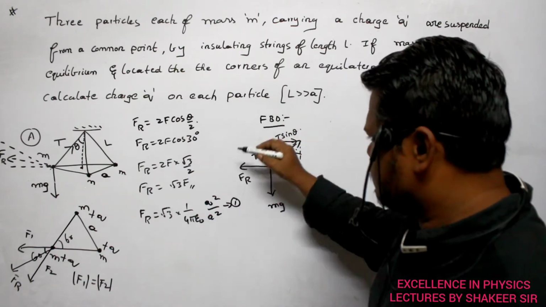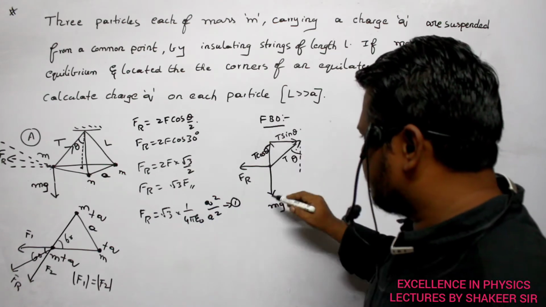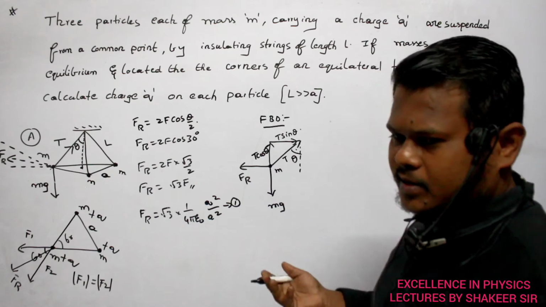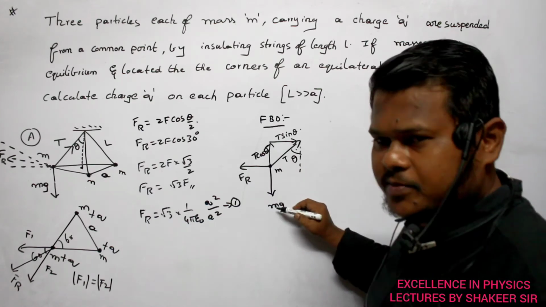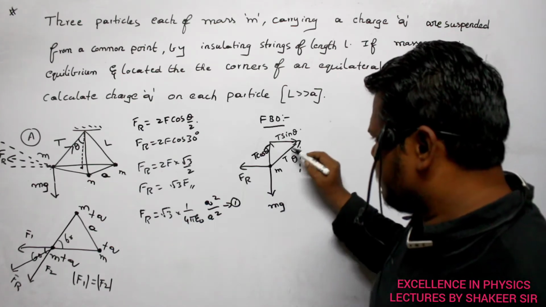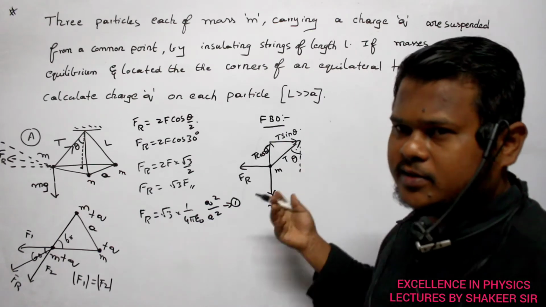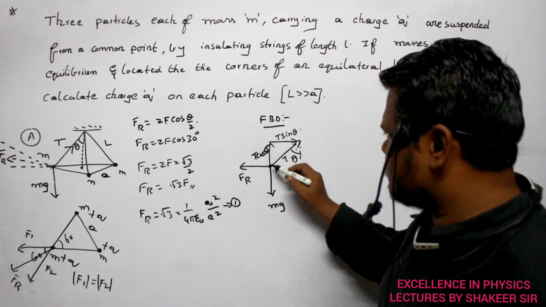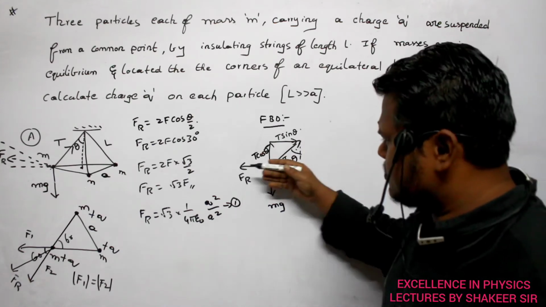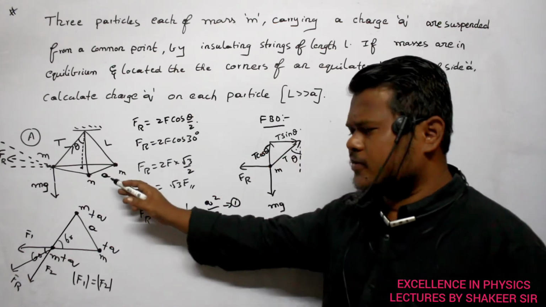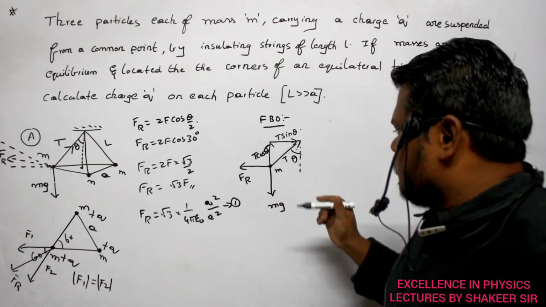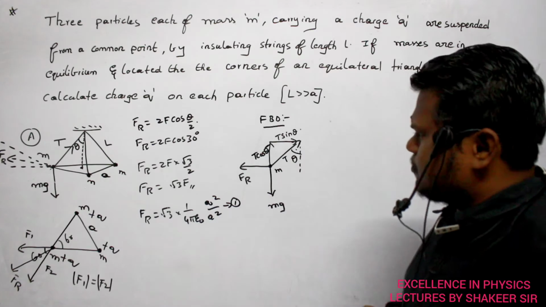Clear? So these are the different forces which are acting on this charged mass m. Are you able to understand? That's all, no? Weight of the body mg is acting in downwards direction. Tension is making an angle of theta. Theta value still I don't know. So this tension I have split into two components, and this is the force of repulsion because of the other two charges. Okay? Now can you say how can I balance all these forces?